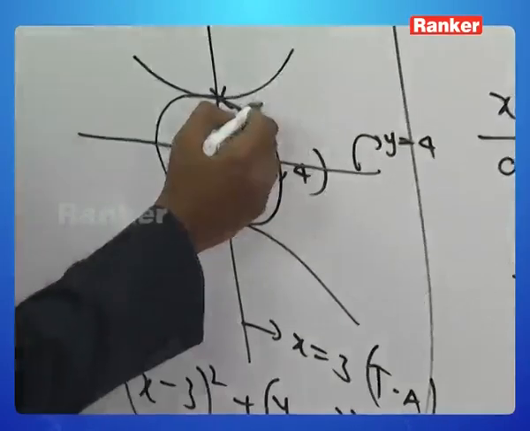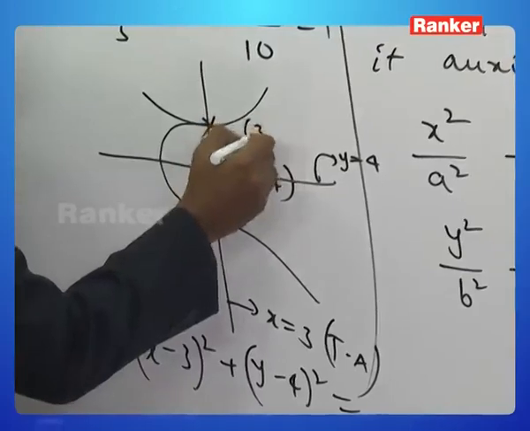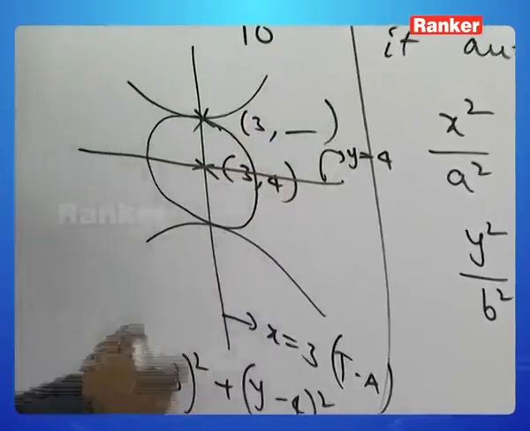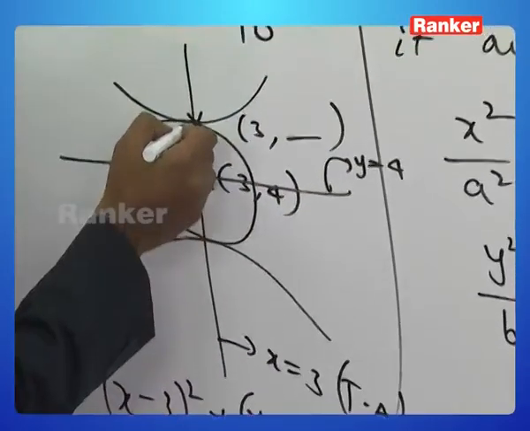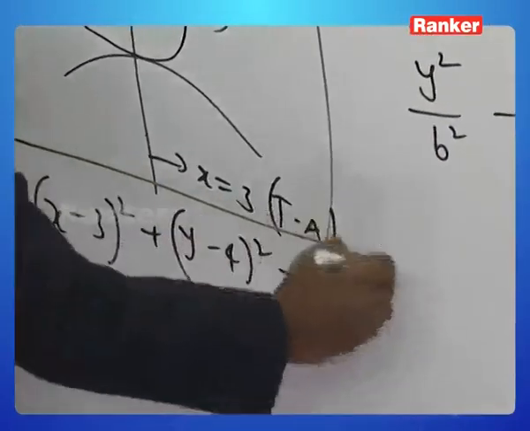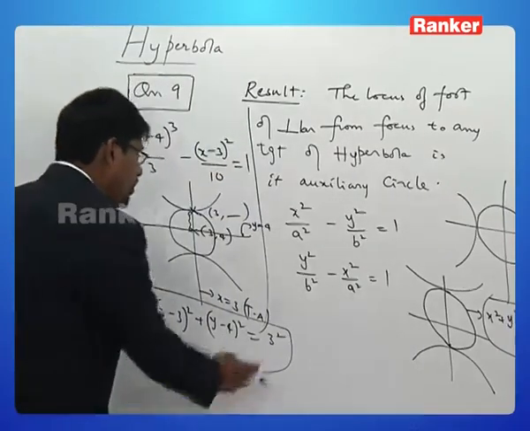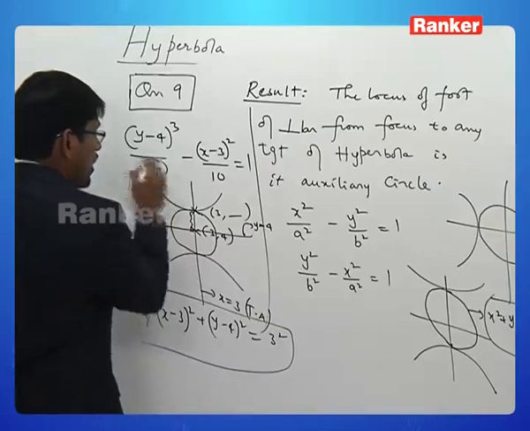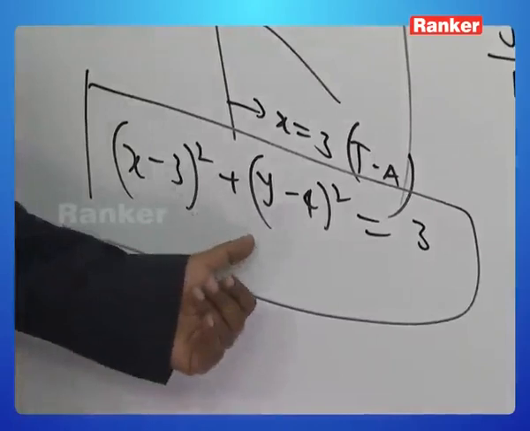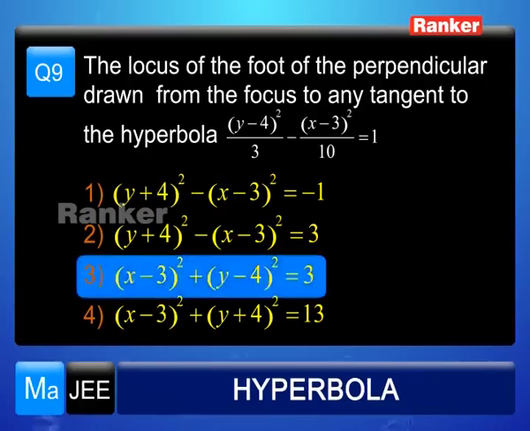This length will be 3 only, so the semi-transverse axis square has to be 3 only. The answer is (x minus 3) whole square plus (y minus 4) whole square is equal to 3. Option 3 is the right answer.